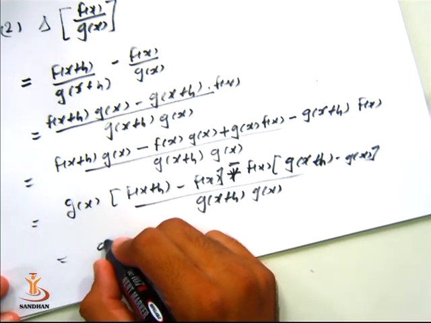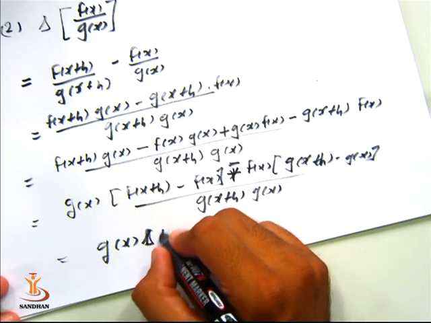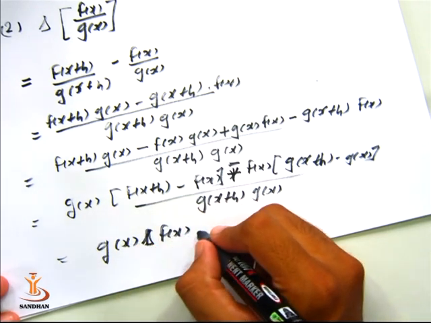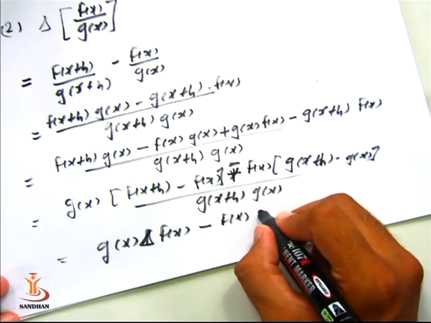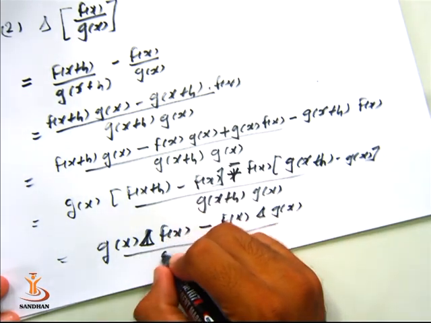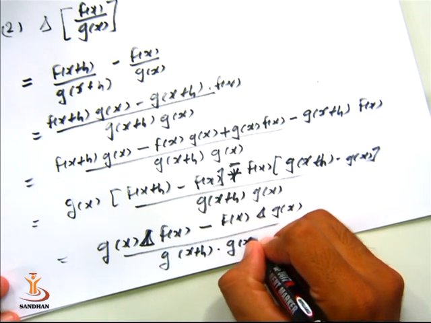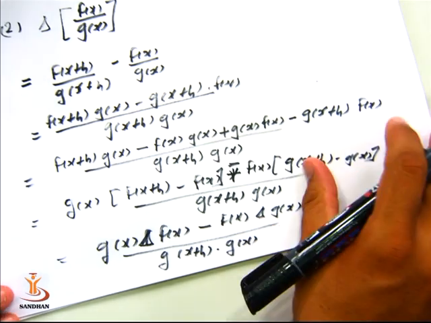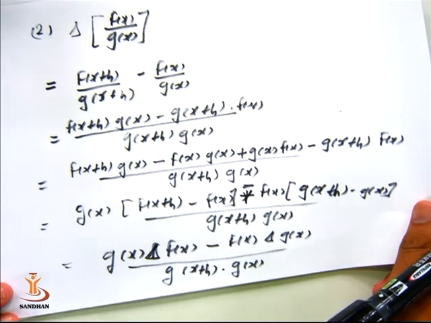So as a result, we get the answer finally as g of x delta f of x minus f of x into delta g of x divided by g of x plus h into g of x. So this is how we obtain the different evaluations for delta.